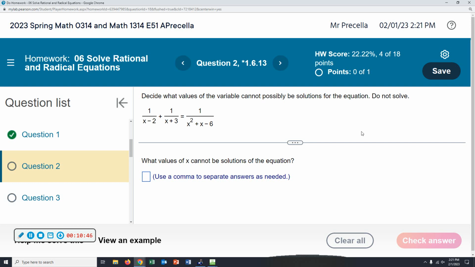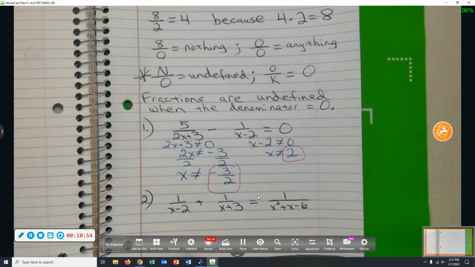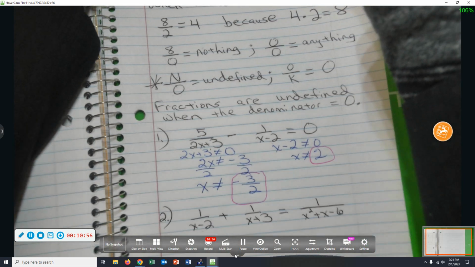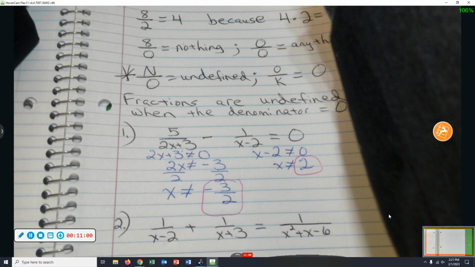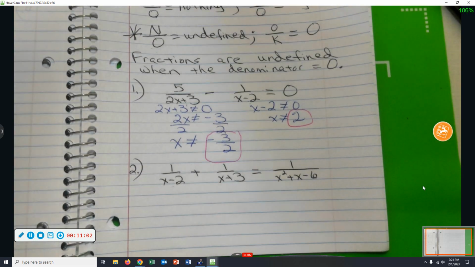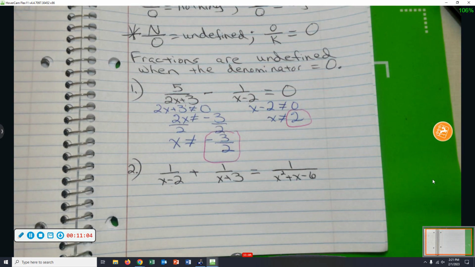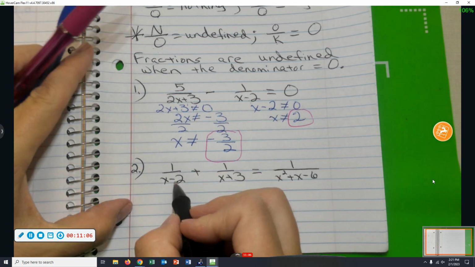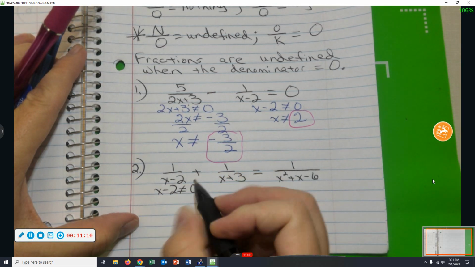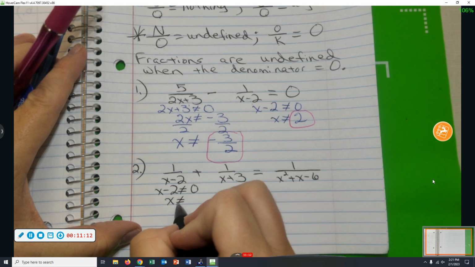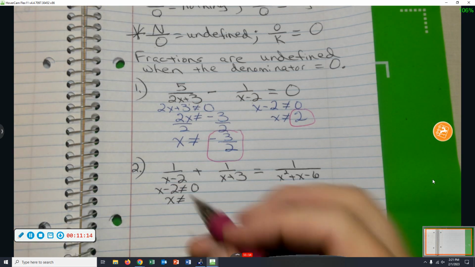Just looking at this first denominator, what number would give us a denominator of 0 there? Okay, so the first denominator, x minus 2, shouldn't equal 0. So x shouldn't equal 2.